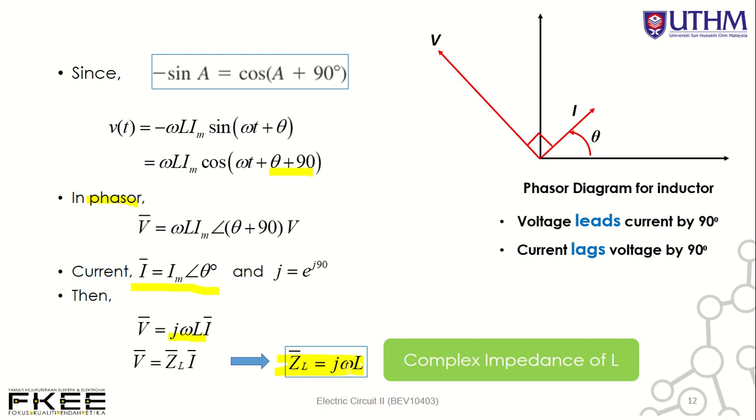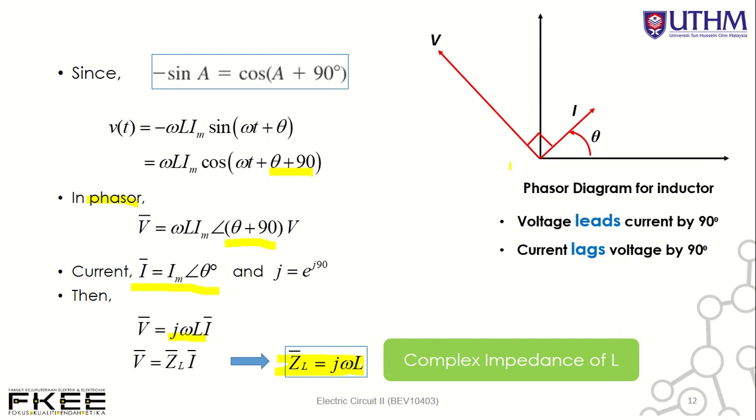So what is the IV relationship for L? We can draw the phasor diagram for inductor, for voltage and current. Let's say we have a current I angle theta, and the voltage, what is the angle of voltage?